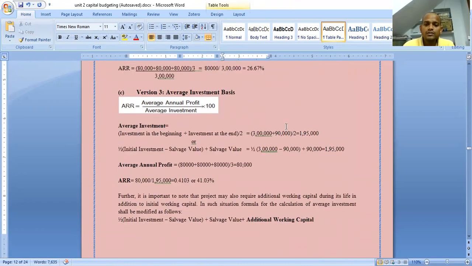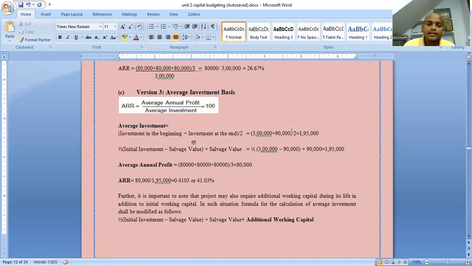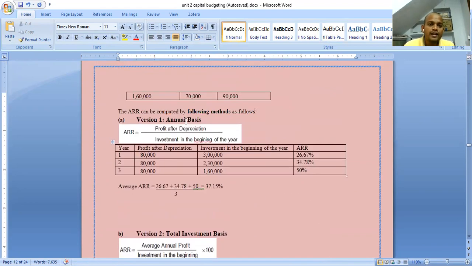So 3 lakhs plus 90,000 by 2 gives 1 lakh 95,000. And there is another formula: half of the initial investment minus salvage value. Initial investment is nothing but 3 lakhs minus salvage value. We have a salvage value of 90,000.